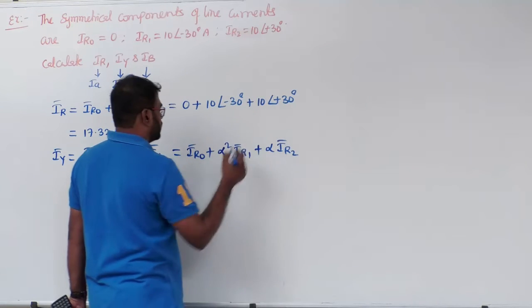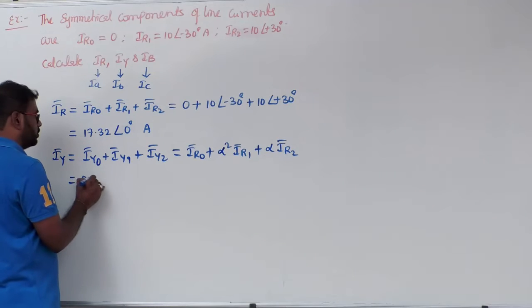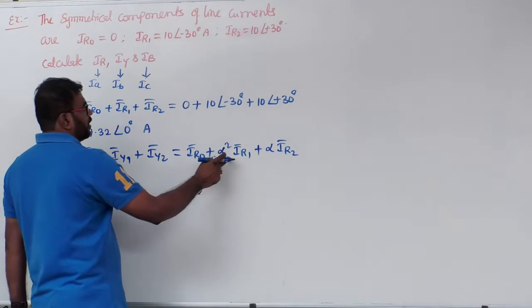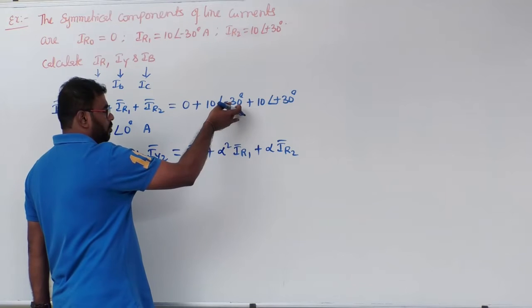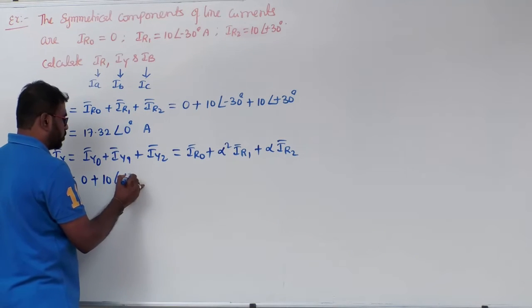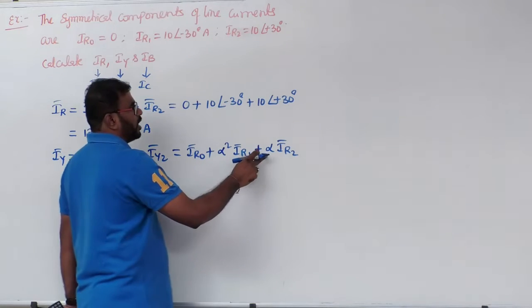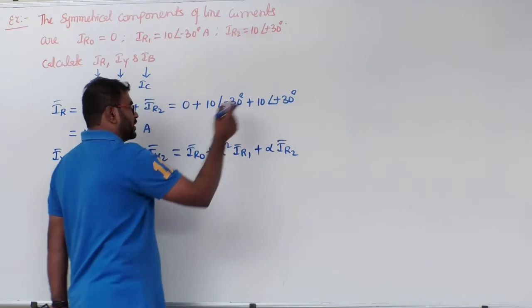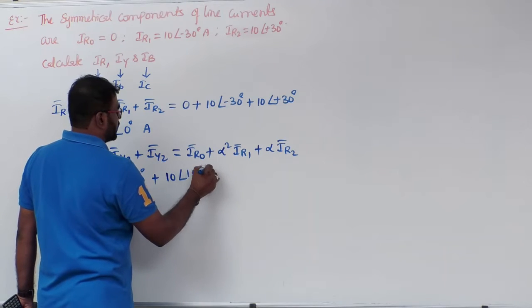That's the relation. So substitute: IR0 is 0, plus alpha square, 1 at an angle minus 120, minus 120 minus 30 is minus 150, magnitude as it is, 10 at an angle minus 150 degrees, plus alpha, 120 plus 30 is 150, correct? So 10 at an angle 150 degrees.